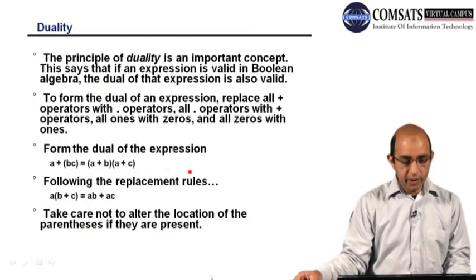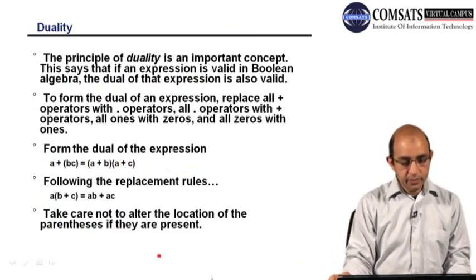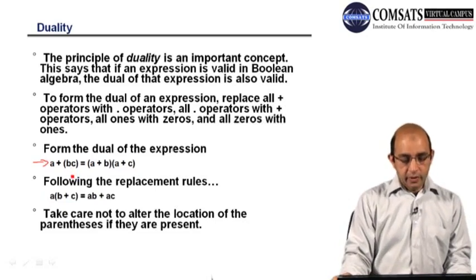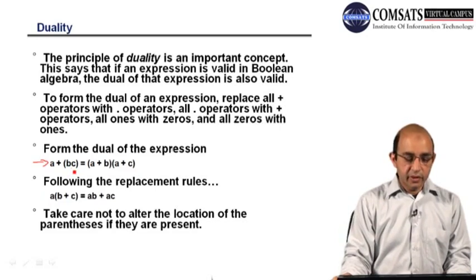So duality. If you consider this A plus B dot C, because whenever we have an expression like this, it is understood that there is a dot, and that dot represents the AND operation. So you can replace this first, you have A plus B, right?